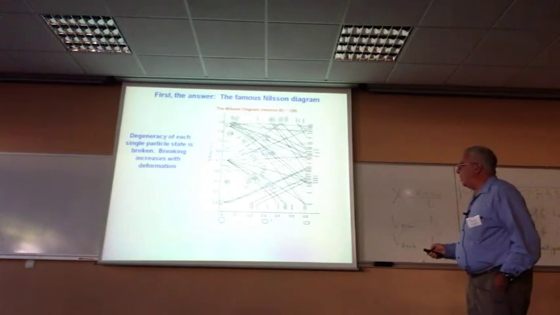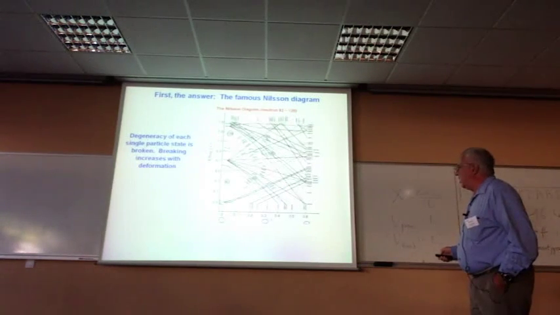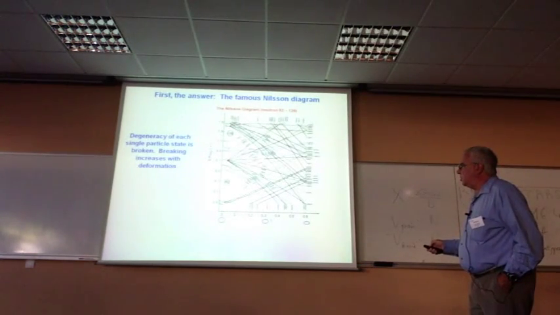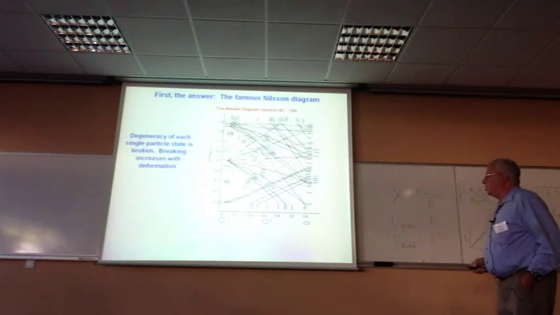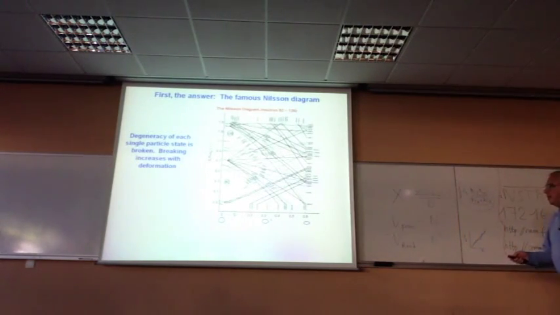And in the independent particle model, all those particles will be at the same energy. As you turn on deformation, something changes. And you get 4 levels out of this f7/2, and we'll see what they are. And so the energies change. And so the Nilsson diagram is nothing more than the independent particle model shown for every possible deformation. Okay?